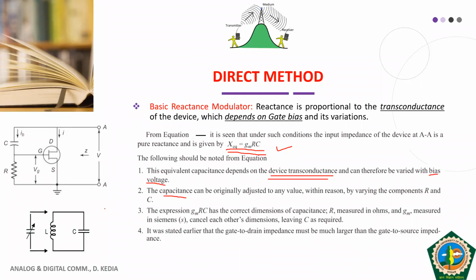So one thing you have to notice here, that one thing is we have fixed capacitance, that is C, that is a fixed capacitance, and another is variable capacitance, which is part of your FET. Okay, so your original capacitance or fixed capacitance can be adjusted to any value that will give us the carrier component part, and the variation part will be provided to us by the FET.